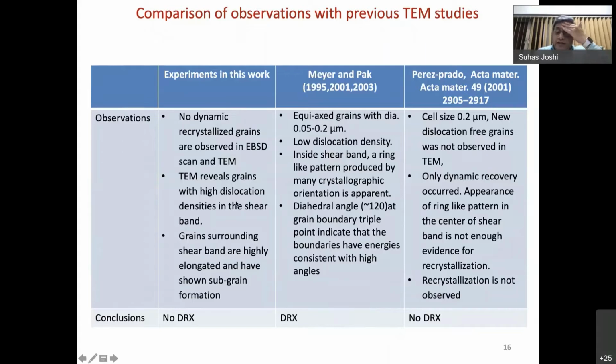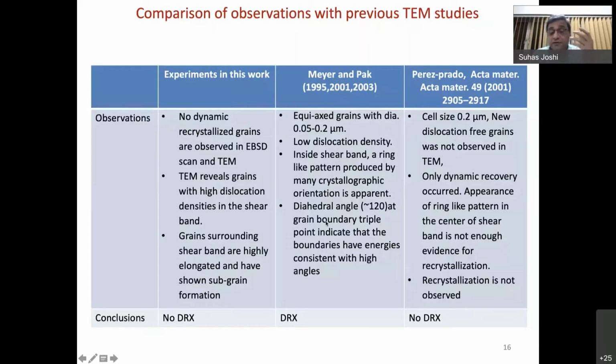One another thing which I want to point out here is that this problem is not solved: we are saying something and the literature is saying something. We say that there is no recrystallization of the material, even though there is a crushing of the particles. We don't find the formation of a new material there, and this is confirmed by some other authors.